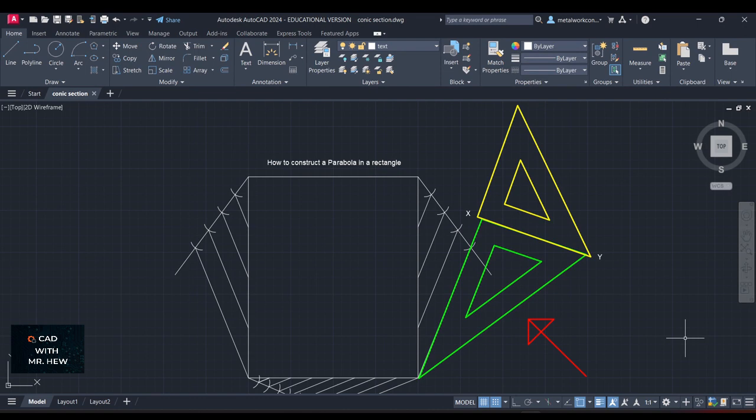So this is how you would draw a parallel line to a given line, right? Here we have the green 30-60 set square aligned to this line, which is this line over here, right? And what you would do is place the 45-degree set square, which is represented by this yellow set square.